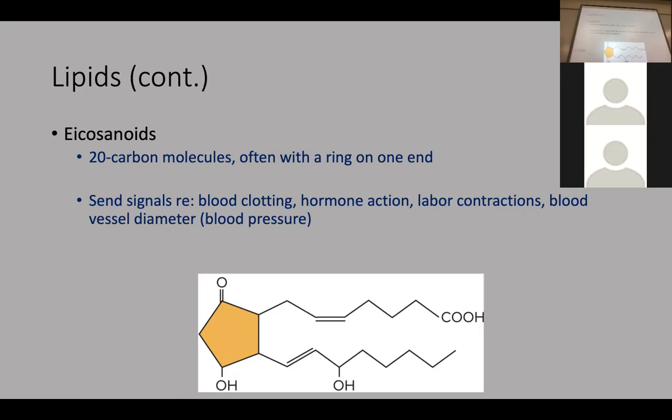But eicosanoids can signal the release of different hormones in the body. Labor contractions, that goes back to hormones as well. So eicosanoids are important in developing labor contractions and then changing blood vessel diameter. So if you shrink down a blood vessel, that's going to increase the pressure, the blood pressure. If you dilate a blood vessel, that's going to decrease the blood pressure, just like a hose. So eicosanoids are really important in maintaining a stable blood pressure.